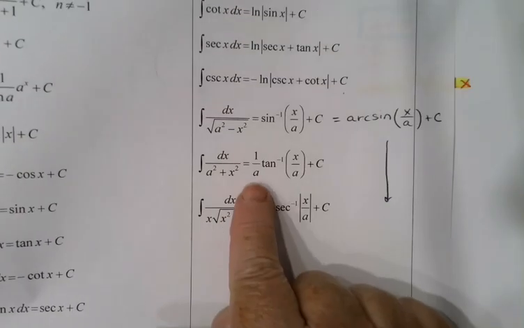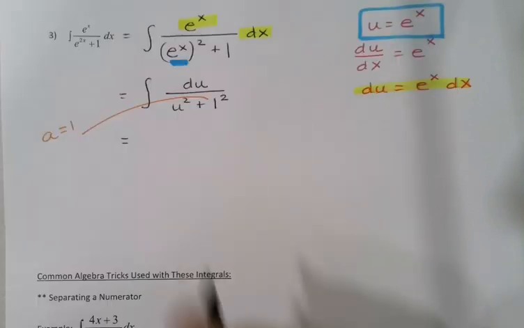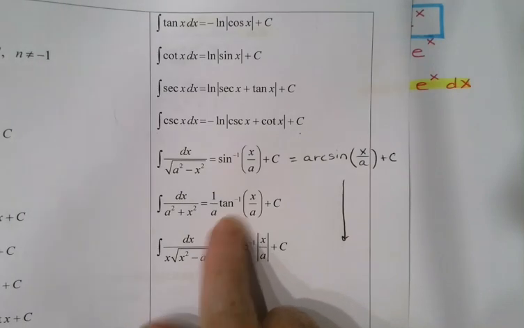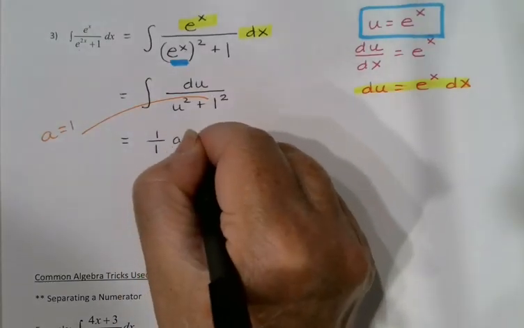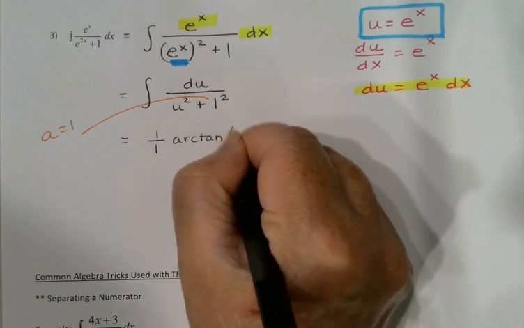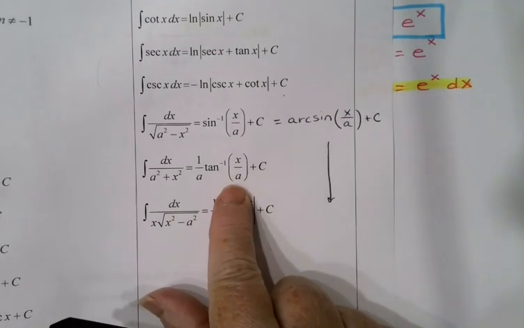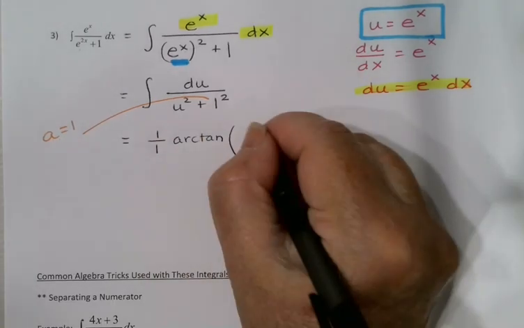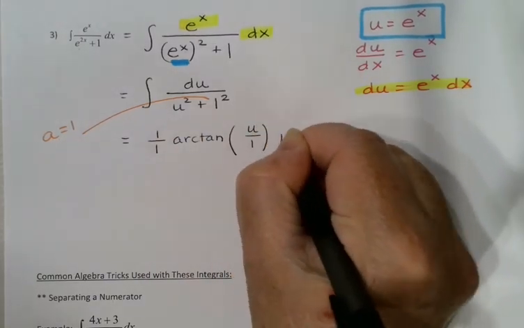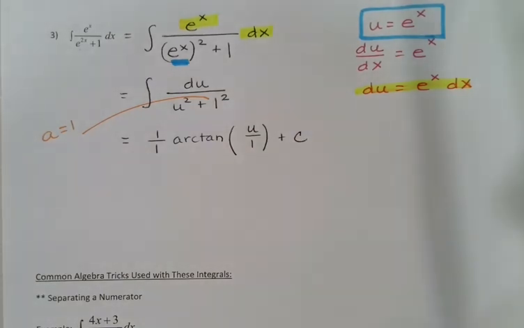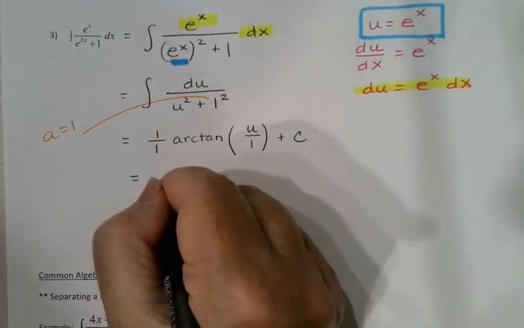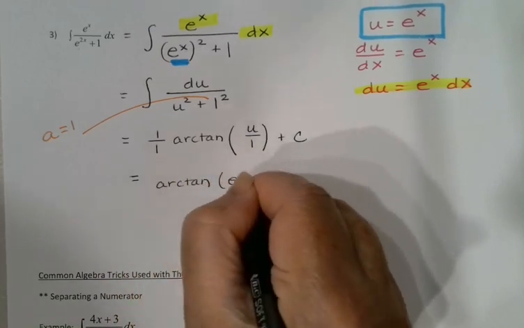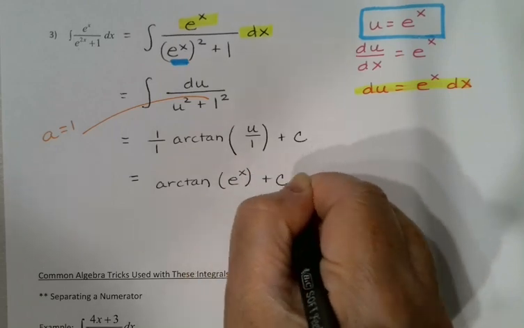So my integral should be 1 over a, it's 1 over 1, times the inverse tangent, or I tend to like to write it as the arctangent. And this says x over a. For me, that's going to be u over 1 plus c, which gives us the arctangent of u, which is e to the x, plus c.